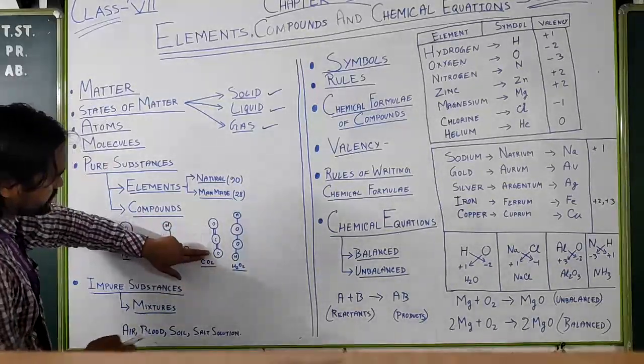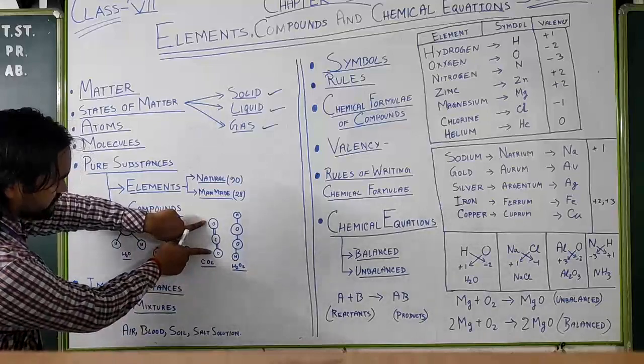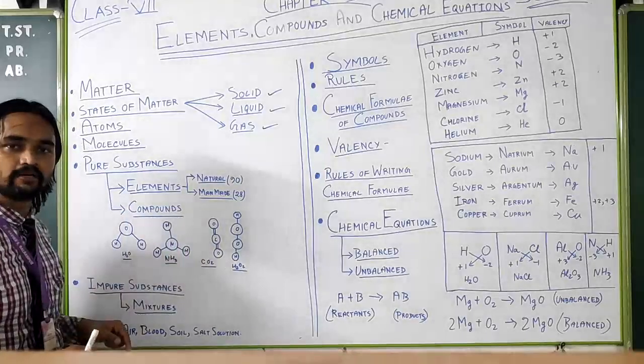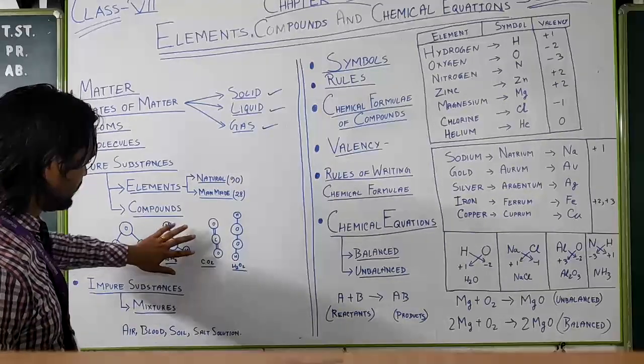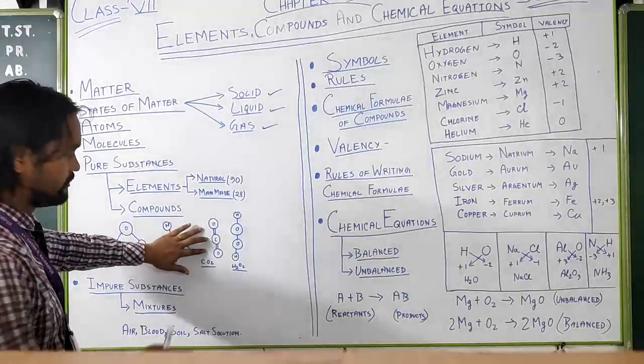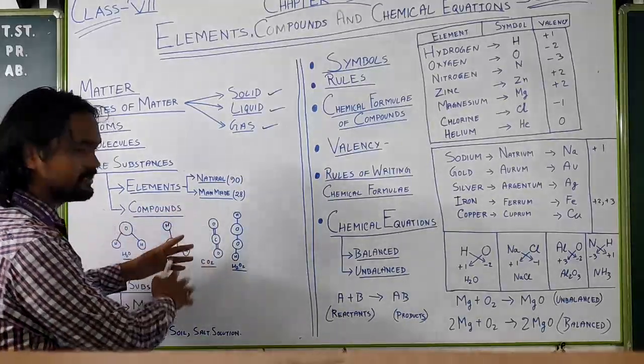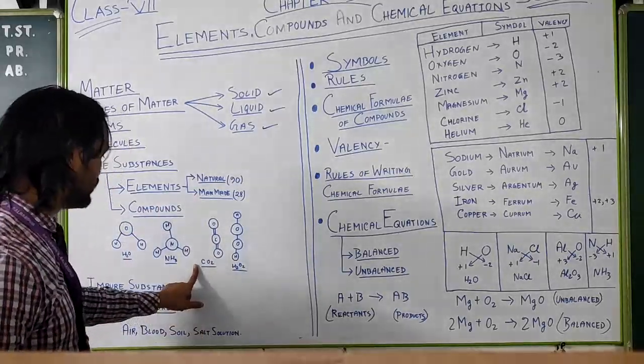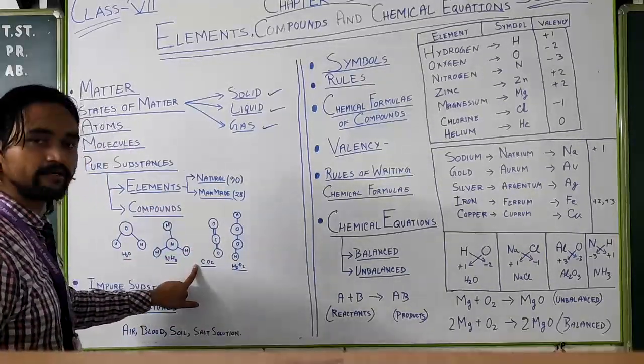Among the 3 atoms, 2 atoms are of oxygen and 1 atom is carbon. These 3 atoms react with each other and they produce one molecule of carbon dioxide.